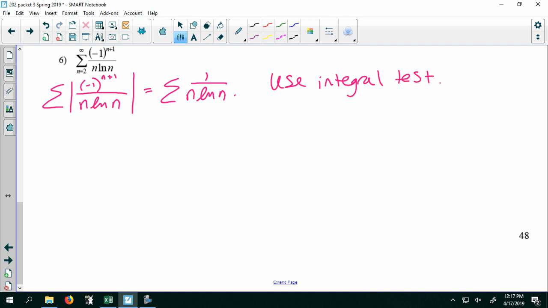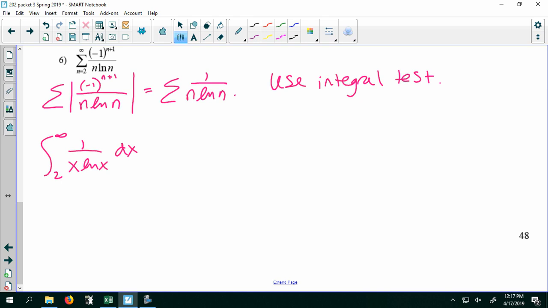So whatever the integral does from 1 to infinity, the sum will do. And I'm actually going from 2 to infinity here. So if this integral converges, so does my sum. If this integral diverges, so does my sum.